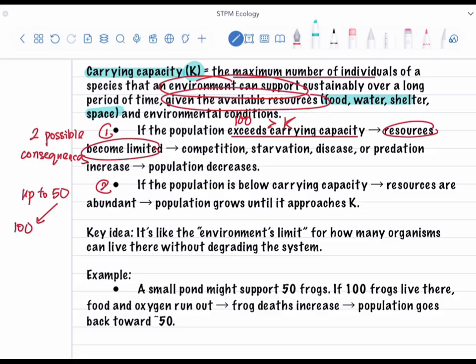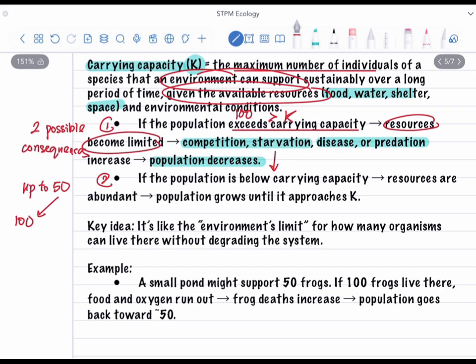It will cause competition, and some of the organisms that do not get enough available resources will starve. Some will even get diseases, predation increases, and then the population will decrease.